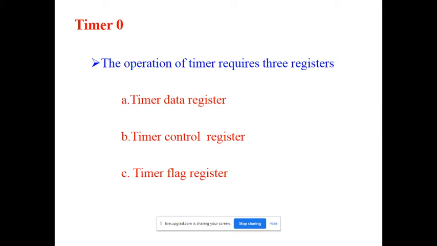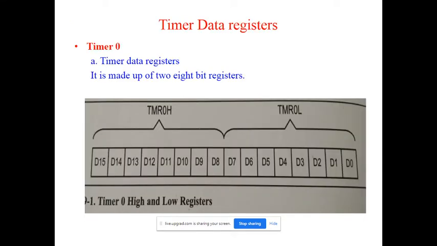These are the three registers which support us in using the timer 0 module. We will first study these three registers, and then use them in our program to generate the square wave.